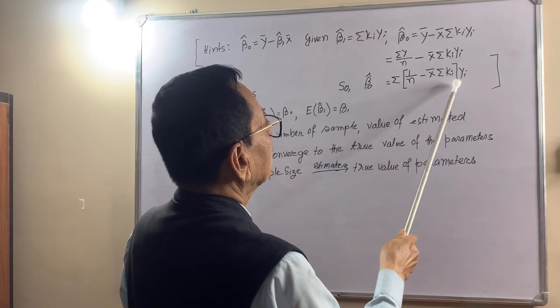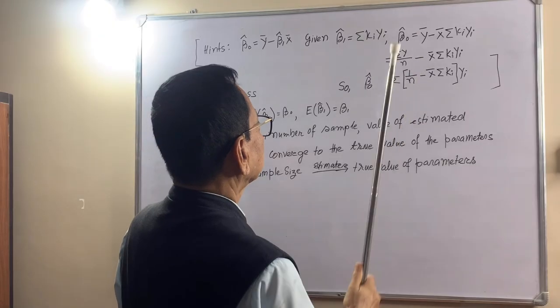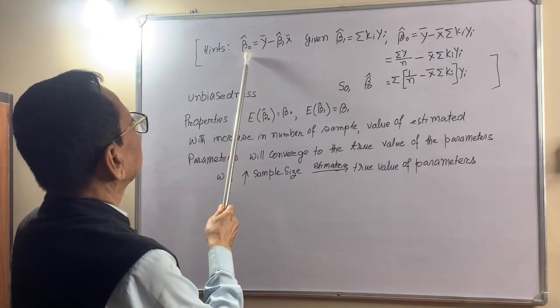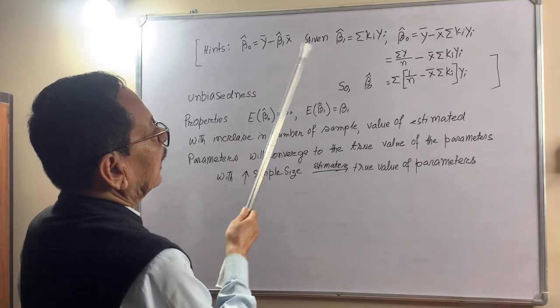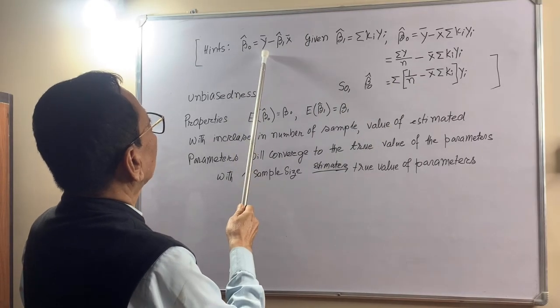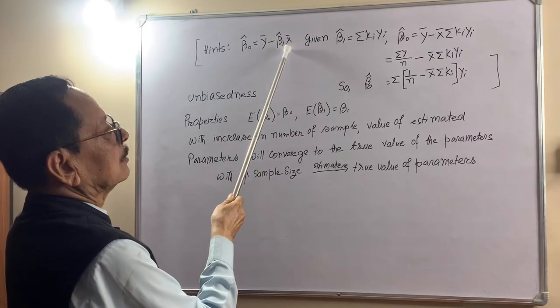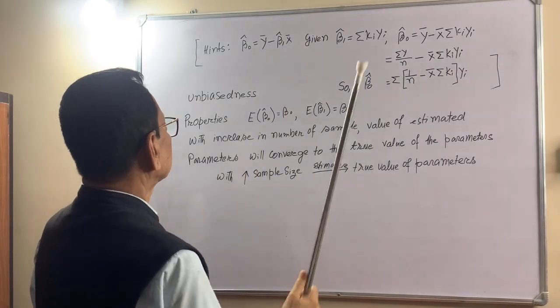So we can express beta naught as this, instead of y bar minus beta 1 estimated x bar.